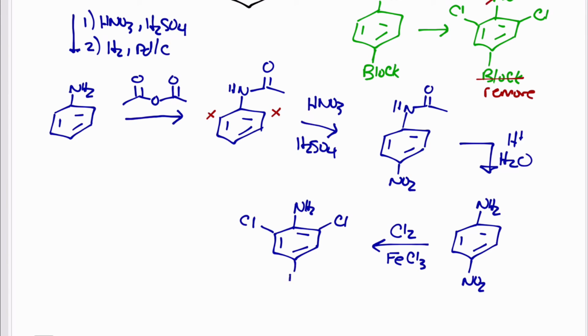Alright, so from here, we have our NH2 that we can convert to a diazonium ion. Just write it as N2Cl.